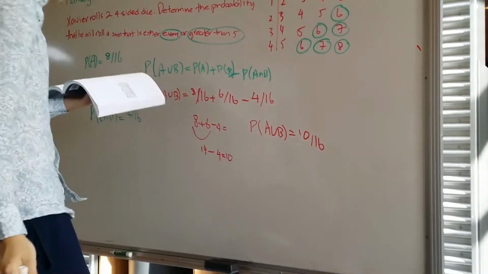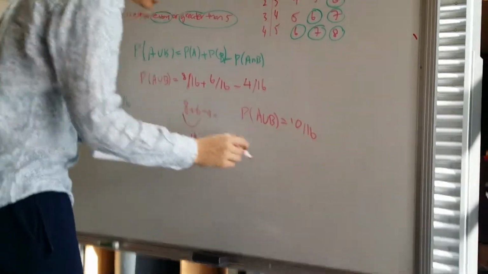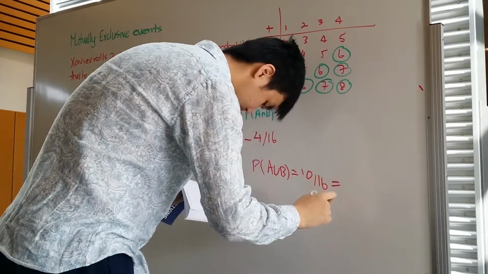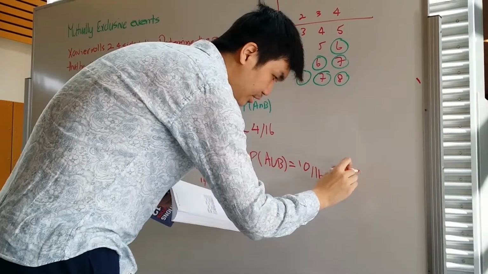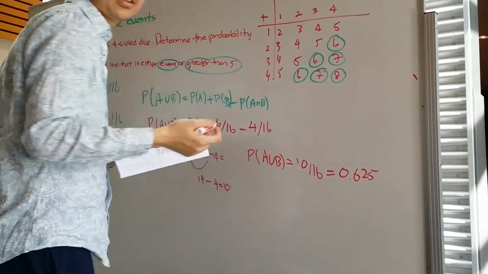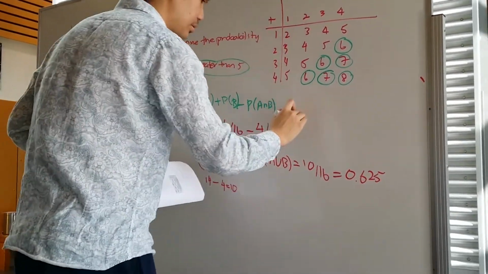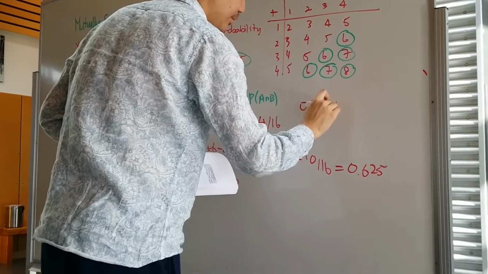If you plug 10 over 16 into the calculator, in decimal form it is 0.625. To find the percentage, you use 0.625 times 100.